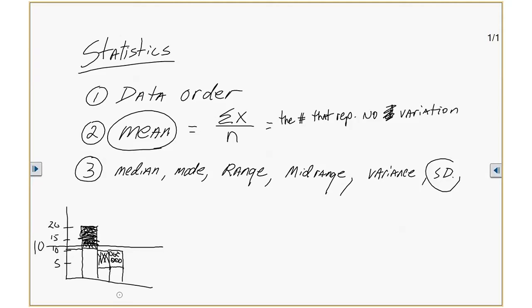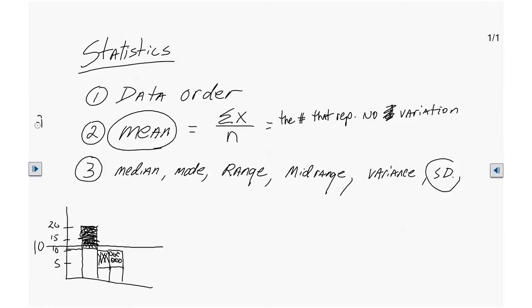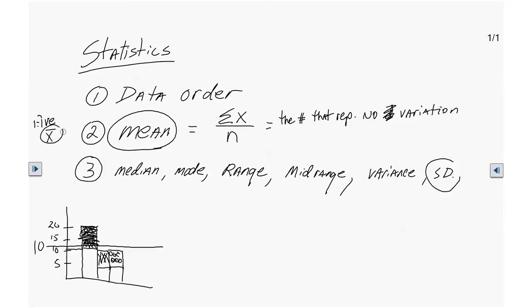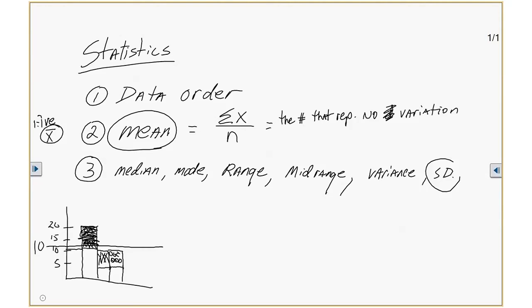This is the formula for the mean. The mean is the most important. It's also called the average. It's also called X bar. In this class, it's going to be called X bar, because it's a statistic, a statistic of the sample.